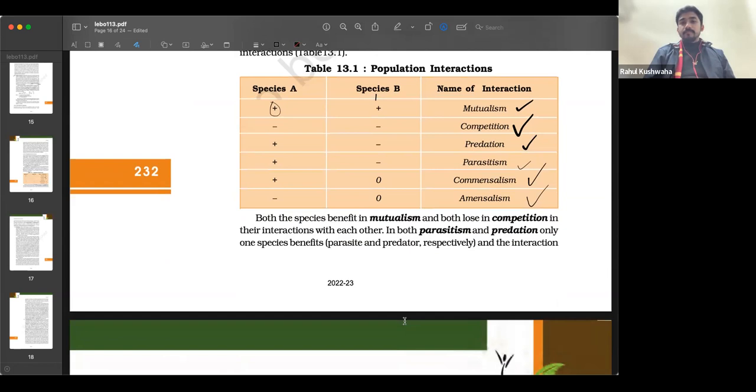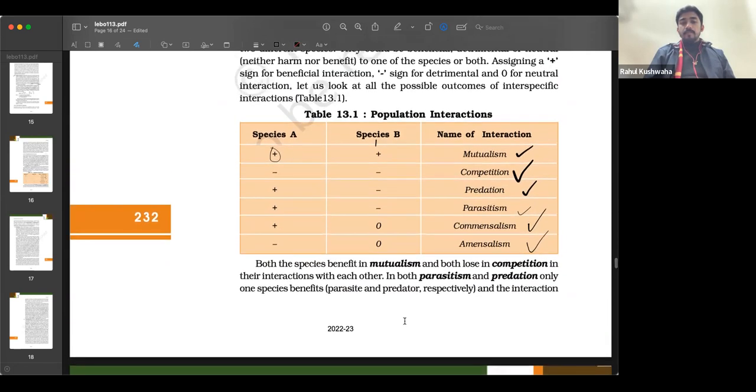Sir, our teacher also told about when the cattle are feeding. Yes, so there are some birds called egrets, known as cattle egrets. What cattle egrets do is they just move with the cattle.